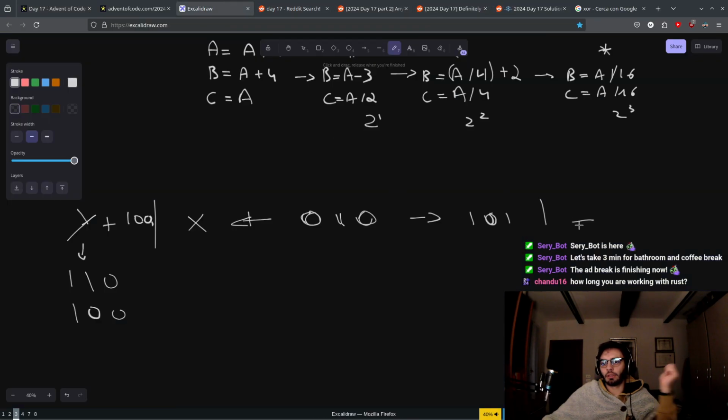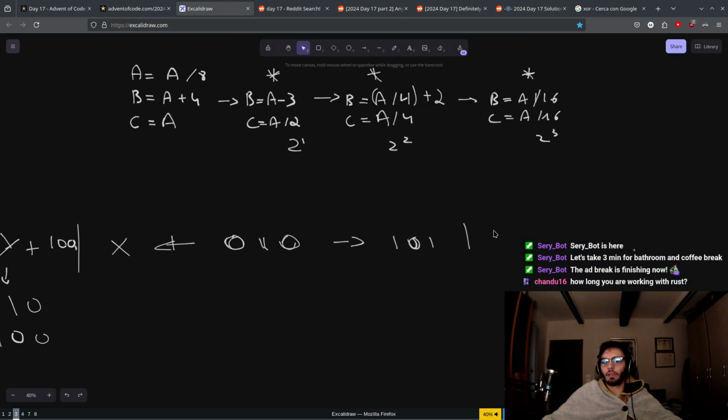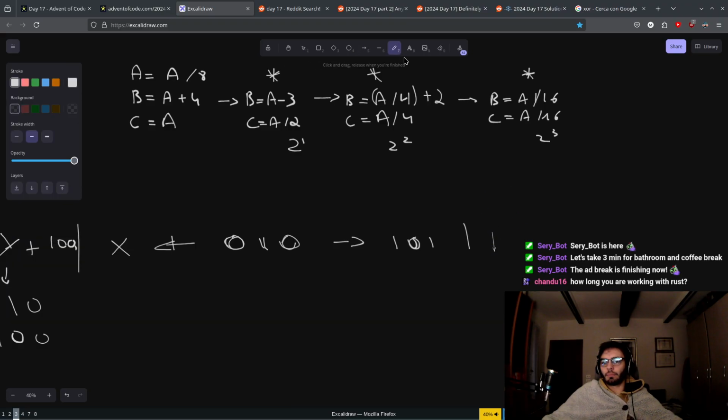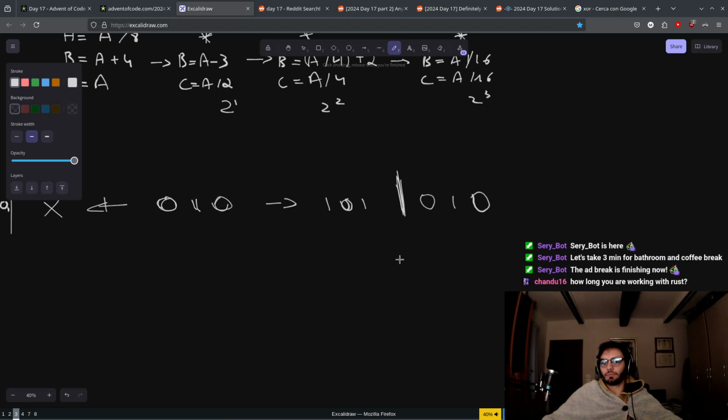This is XOR, and nobody's gonna ask questions about it. Yeah, and basically this would work, right? 0, 1, 0. So that works. And the opposite works.